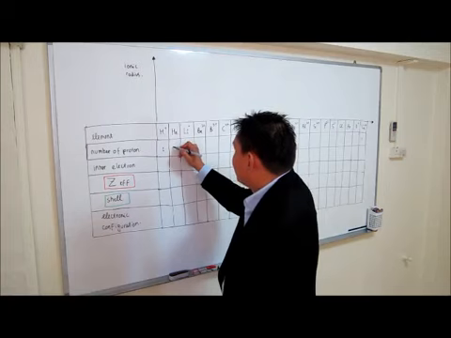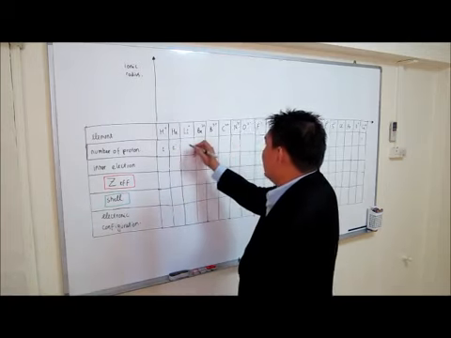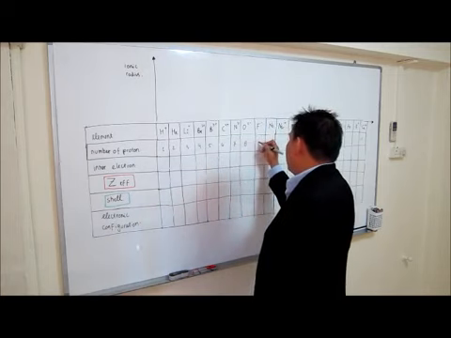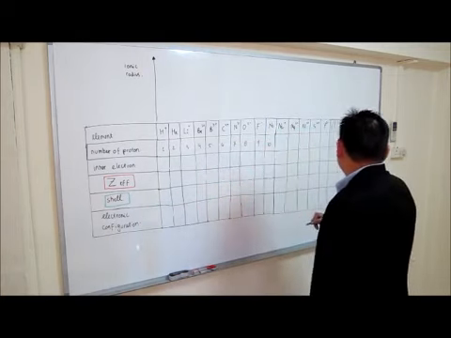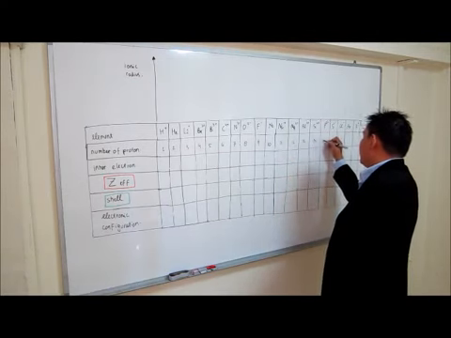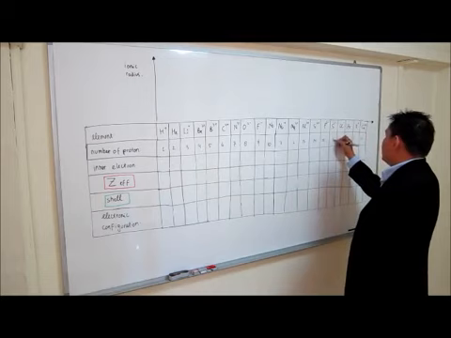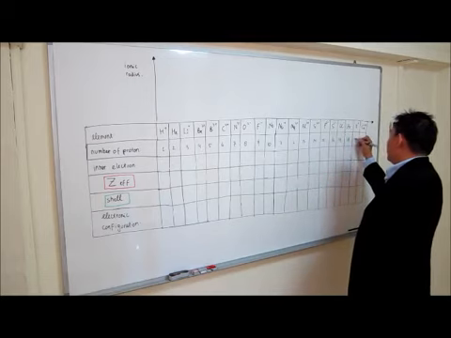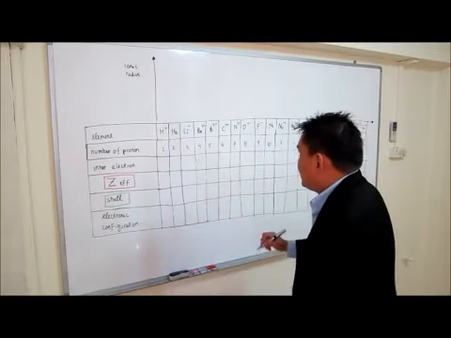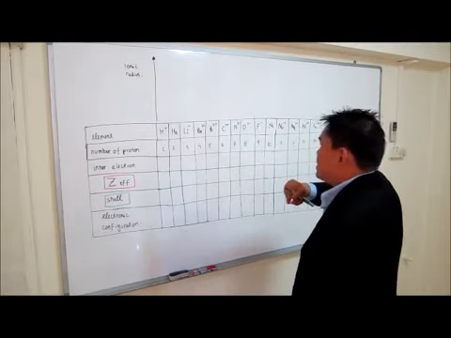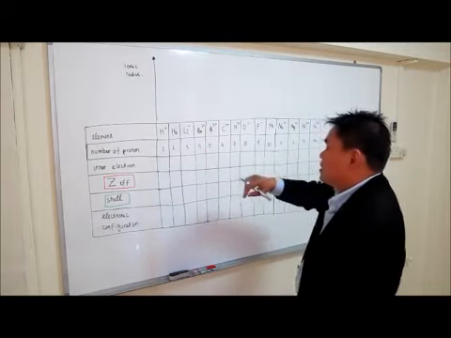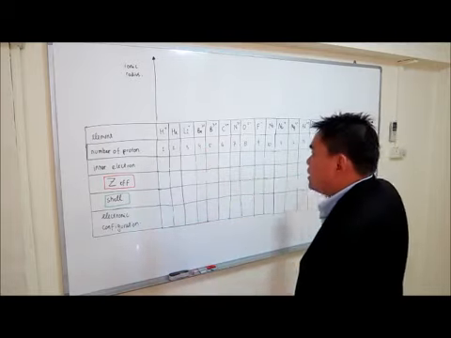So it starts from 1, 2, 3, 4, 5, 6, 7, 8, 9, 10, 11, 12, 13, 14, 15, 16, 17, 18, 19, 20. So the ions that we are going to put into the graph are from H plus all the way until Ca2 plus. So the proton number is from 1 to 20.